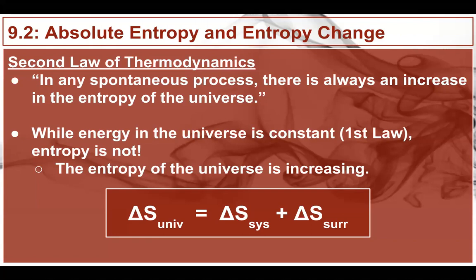Now that's not our system, that's the universe. The energy that we have in the universe is constant, but entropy is not. Entropy is constantly increasing in the universe. So the change in entropy in the universe is equal to the change in entropy of our system and the change in entropy of our surroundings.